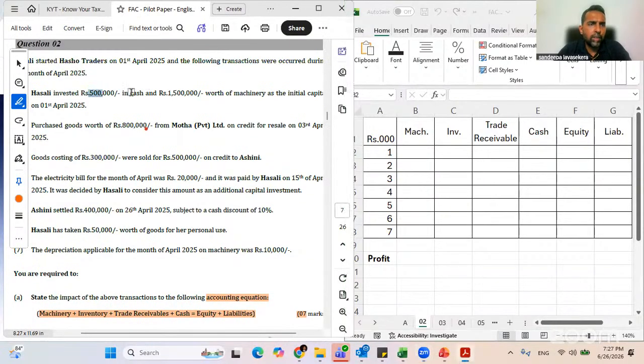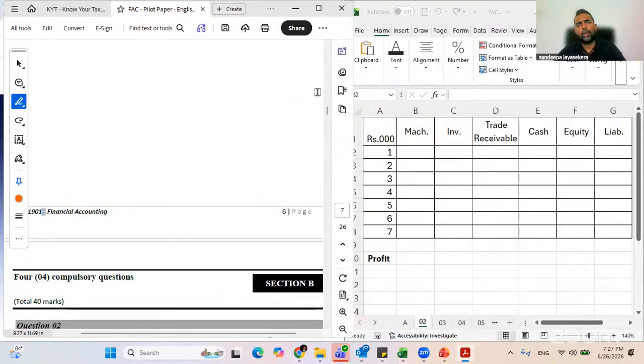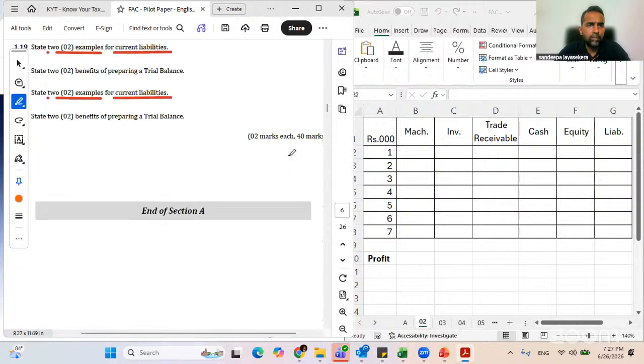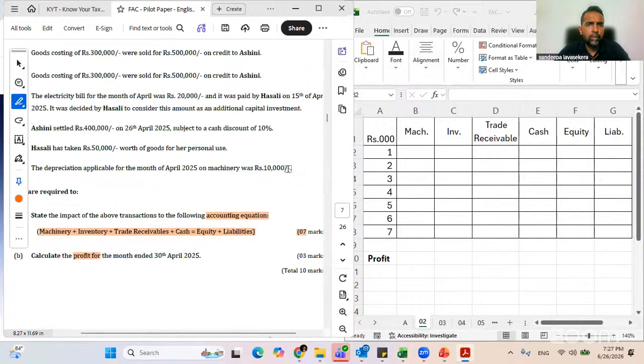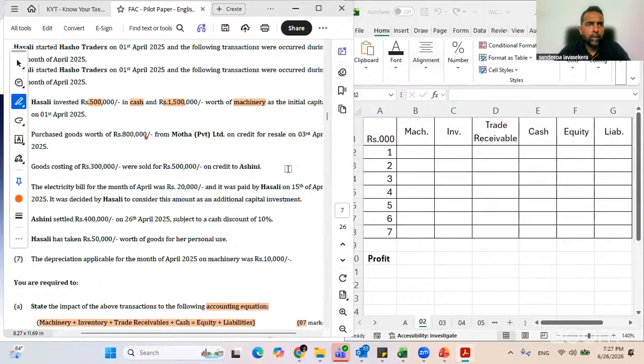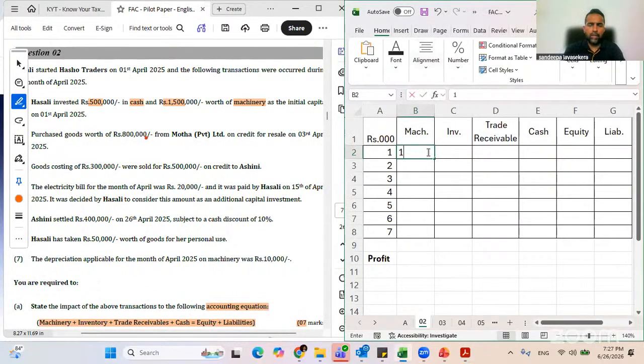Hasali invested 500 in cash and 1,005 worth of machinery as the initial capital. Right, the machinery 1,005, cash 500, total equity 2,000. Machinery goes up by 1,005, cash goes up by 5, equity goes up by 2,000.